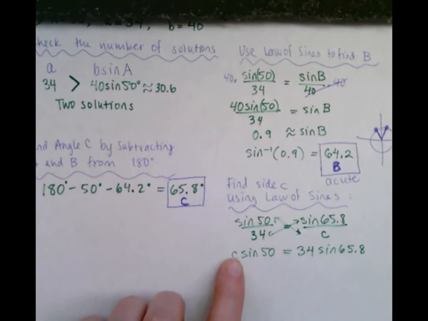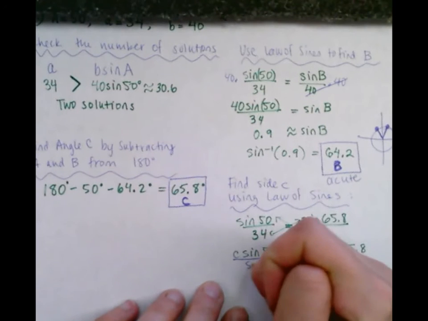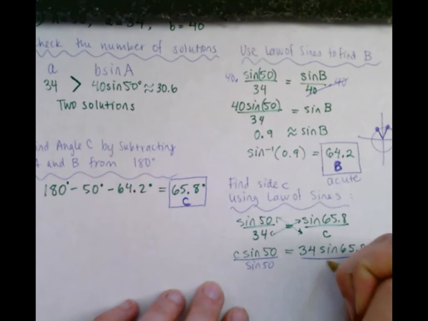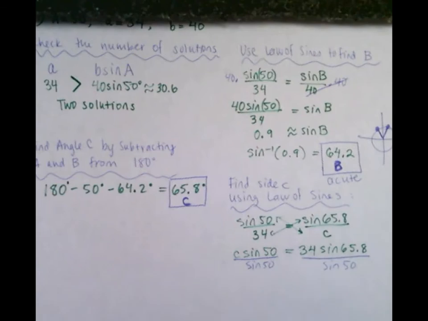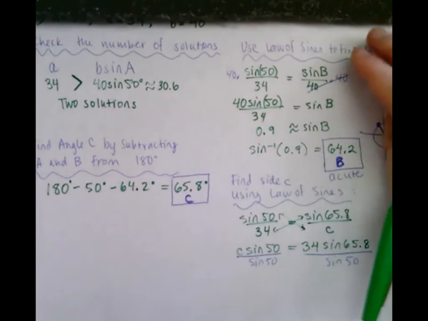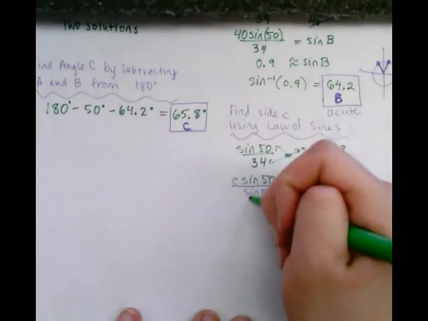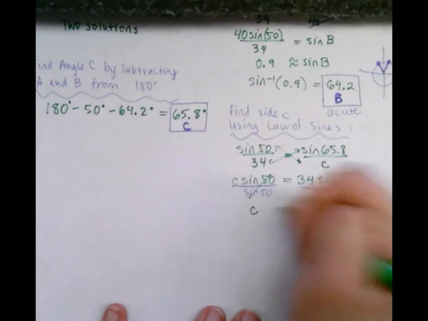And then if I want this c value by itself, I would divide by sine of 50 to both sides. That cancels it out on the left.